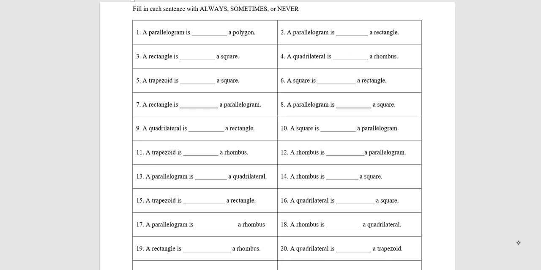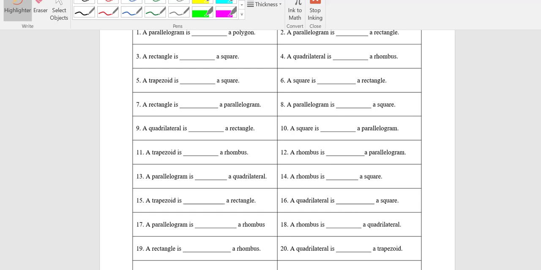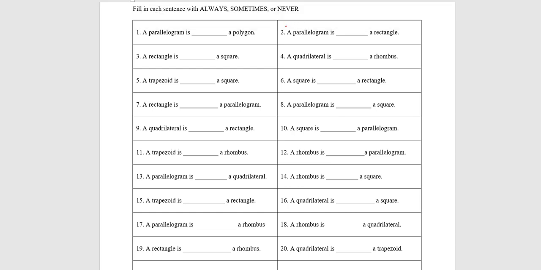This is where having the Venn diagram is useful. So when we're doing always, sometimes, nevers, or true, false, with problems like this, it does get a little bit confusing. So for example, for number 2 here, a parallelogram is a rectangle, we know that a parallelogram is sometimes a rectangle, because it could also sometimes be a rhombus, sometimes be a square, etc. And then you can go through and fill out this entire thing here.